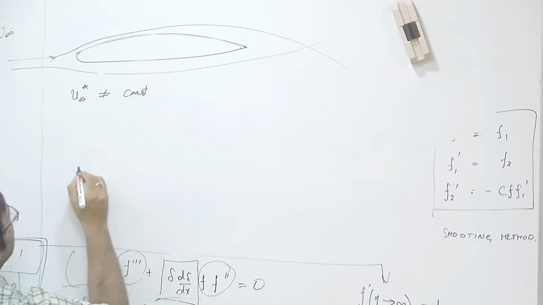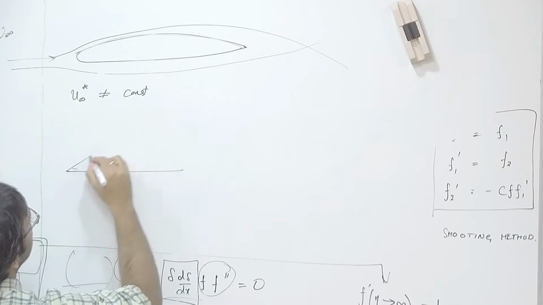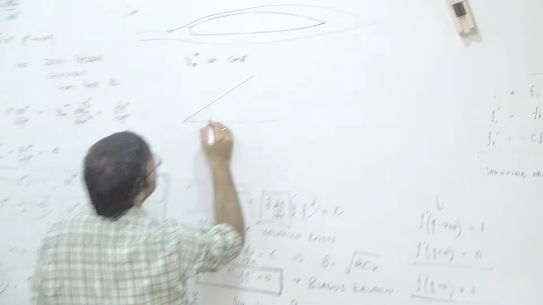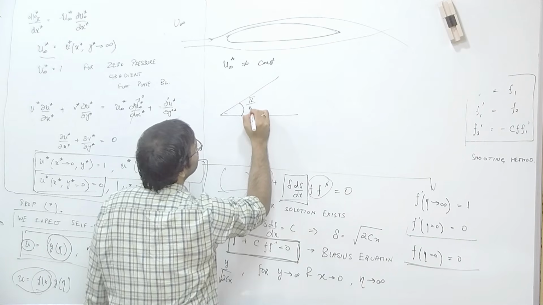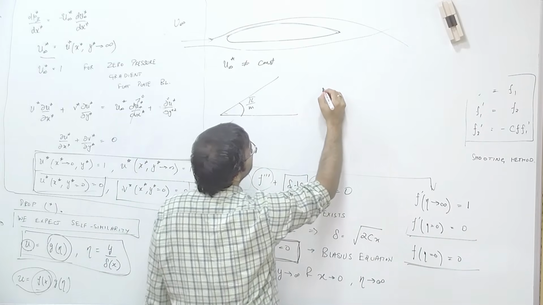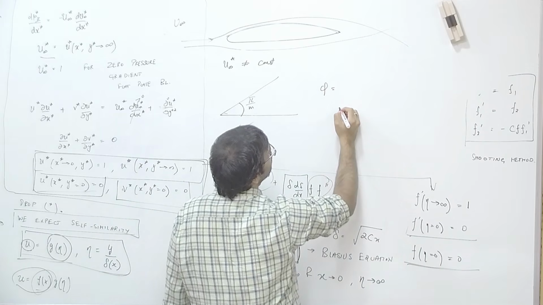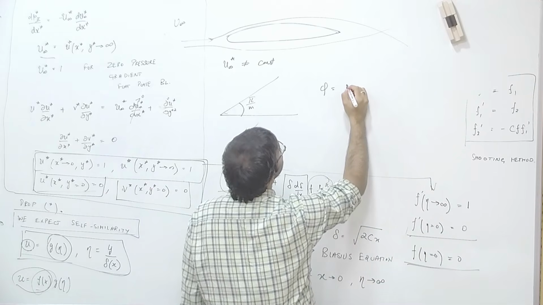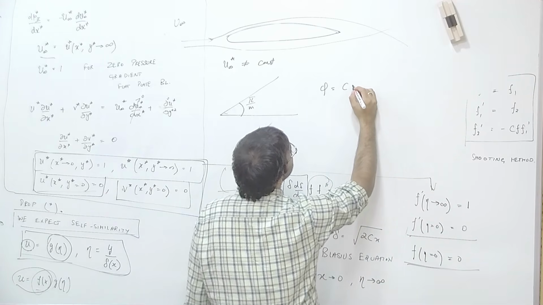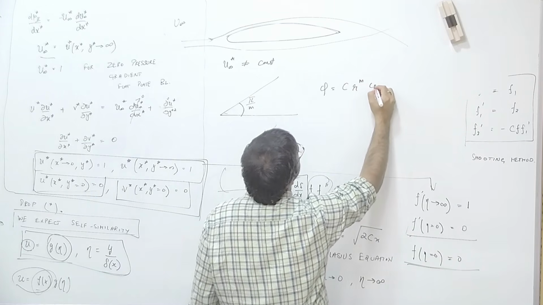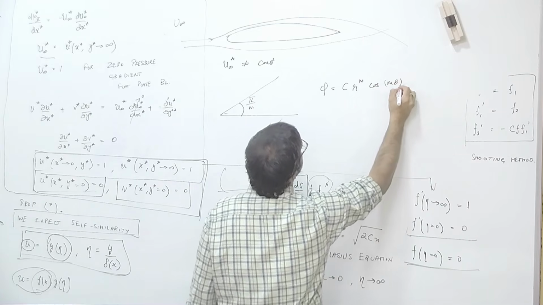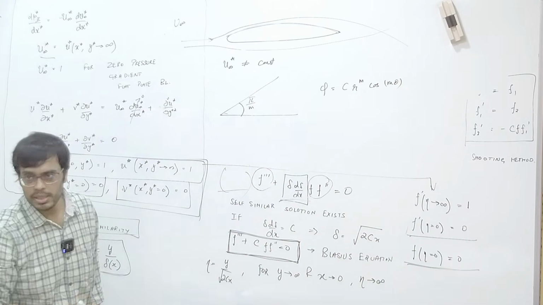And if you recall our potential flow solution past a wedge, okay, we had taken pi by m, let us say, and we had obtained that your phi, the flow potential, is some constant times r to the power m cos m theta, something like this.